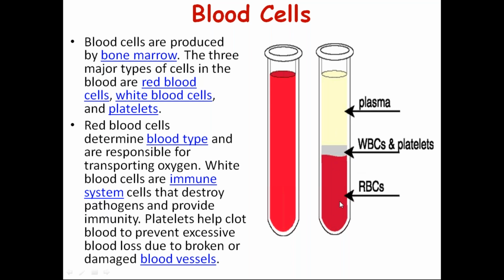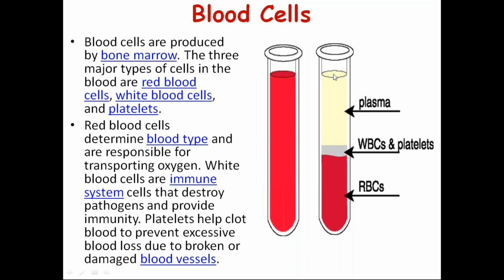The downward portion is made up of the RBC cells, and because RBCs are very heavy, because of gravity they have settled to the lowermost portion. So this is your RBC layer. Then in the middle you get a very small white layer, which is made up of your WBCs and platelet cells.